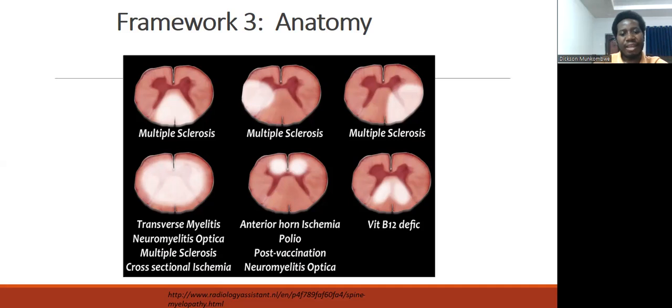Anterior horn involvement is, of course, common in acute flaccid paralysis, and among those are polio as well as post-vaccination causes. But it is important to note that neuromyelitis optica can also present with anterior horn involvement. Then you have vitamin B12 deficiency, which typically presents with dorsal column involvement, even though it's not complete, and it's sometimes referred to as an inverted V sign.